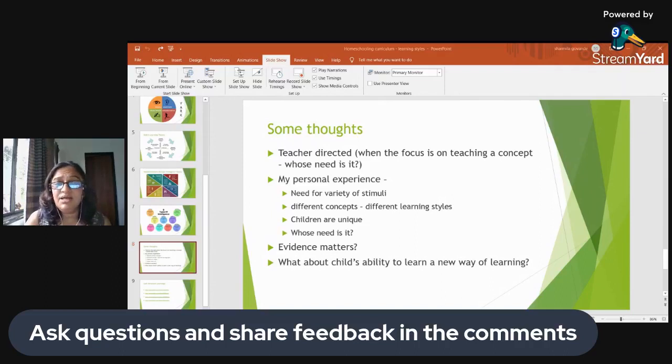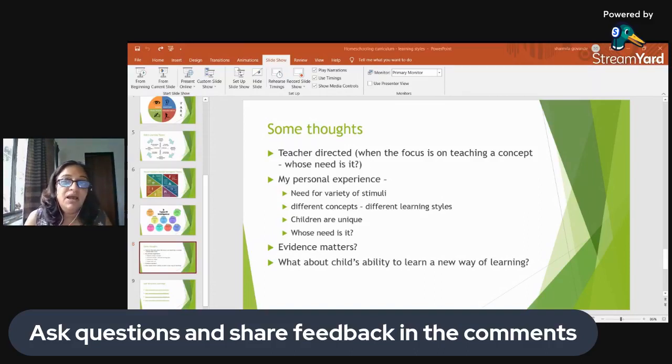It's just that, as Vaibhav put it in his comments, it is important to match what the child wants to learn, and how he wants to learn, with how we facilitate the environment, with what we do about it. As parents, as homeschooling parents, we need to facilitate the environment to create those learning opportunities for our children.